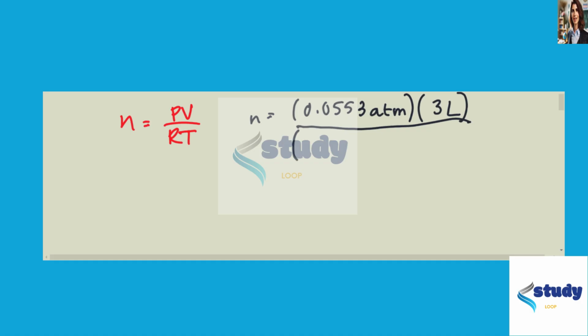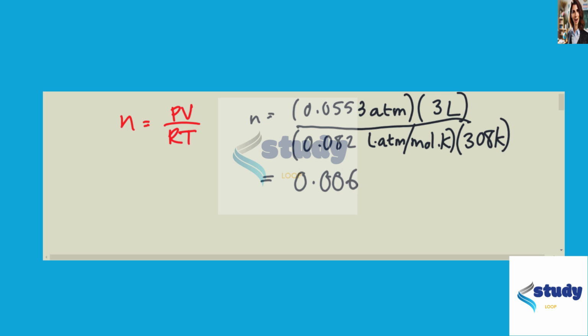And we know R is a constant, which is 0.082. This is the unit for the constant. And we know the temperature, they've given it to us. Using my calculator, I got 0.00656 moles of water.